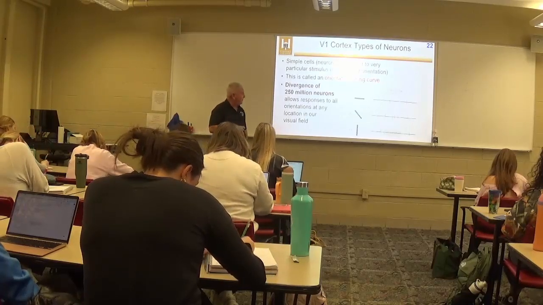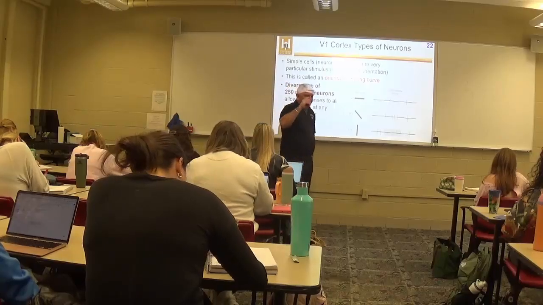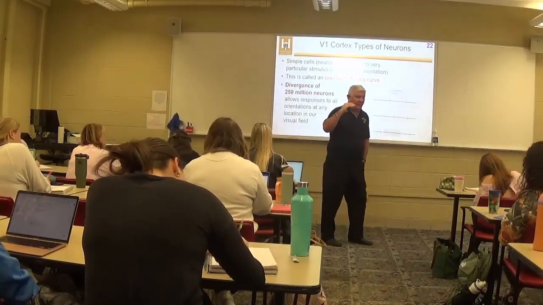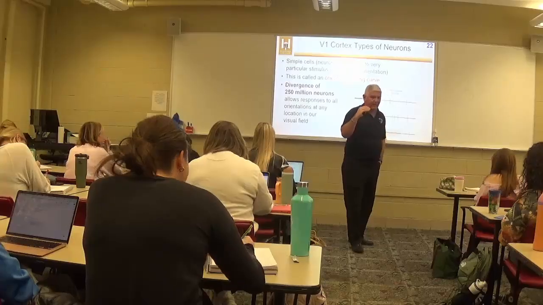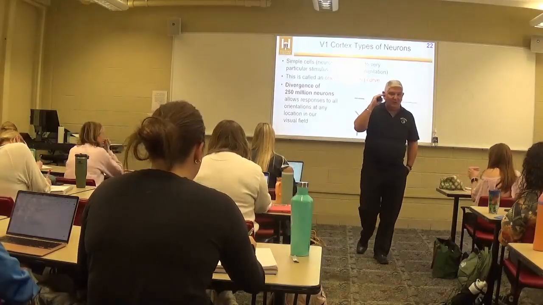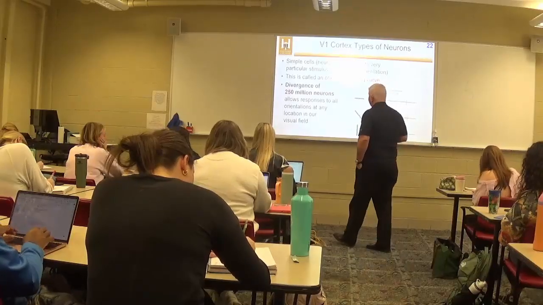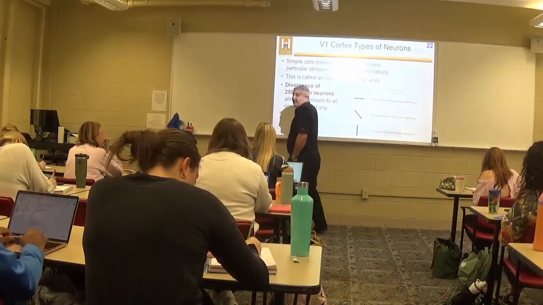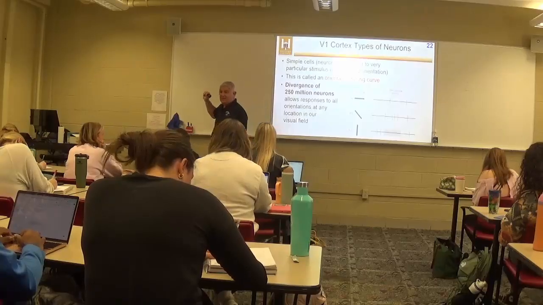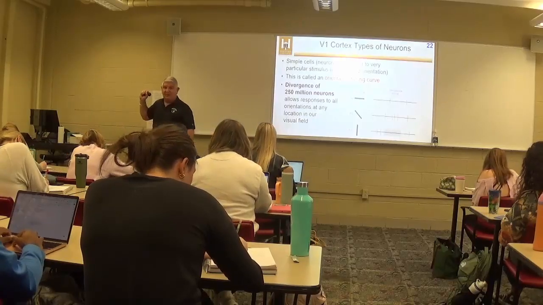All right, so these are called simple cells. Simple cells respond to a specific orientation of a line at a particular angle at a specific place on your retina. Again, we have a lot more processing power now, 250 million neurons we can use.